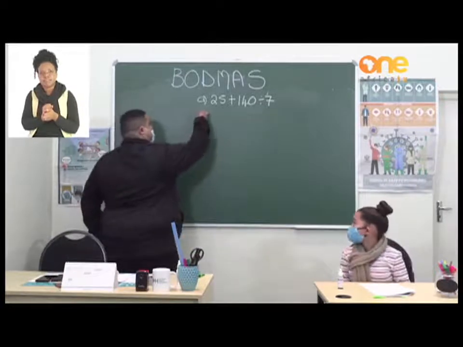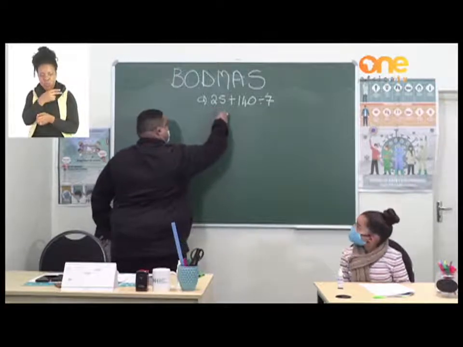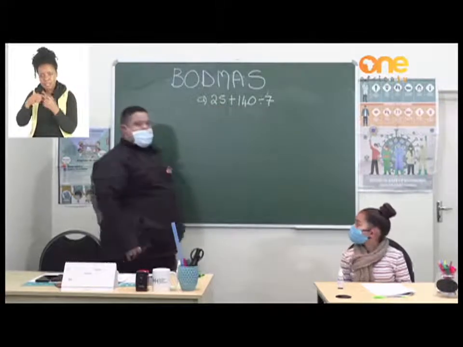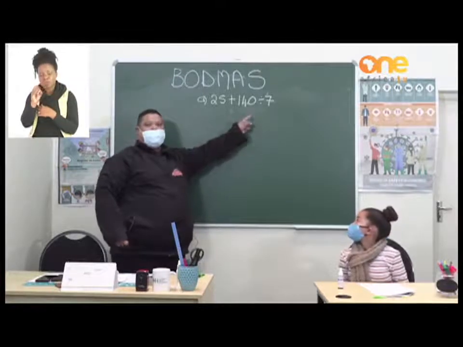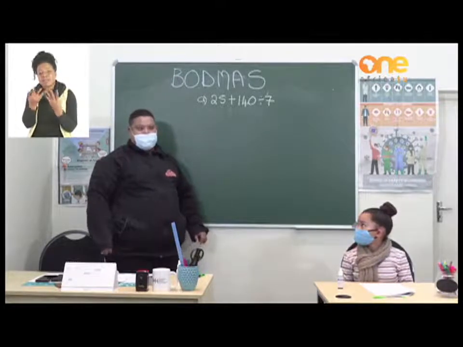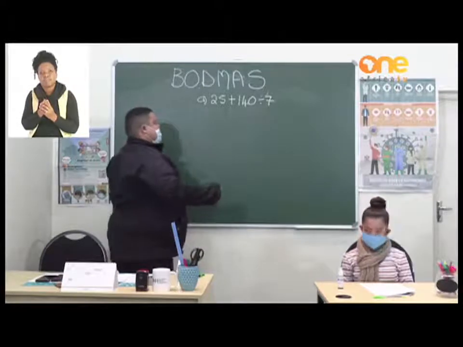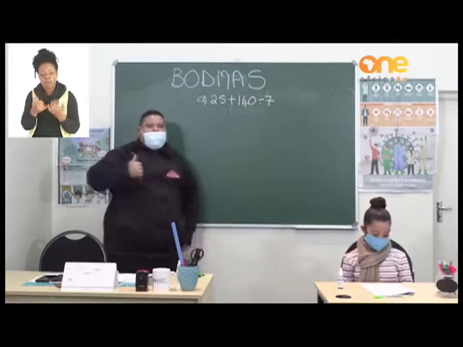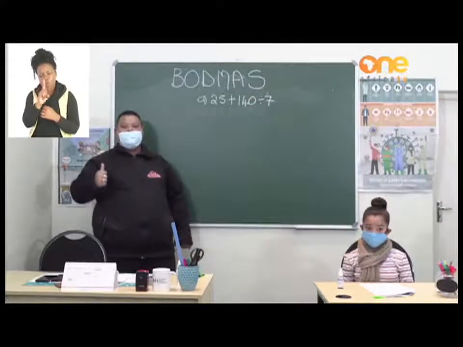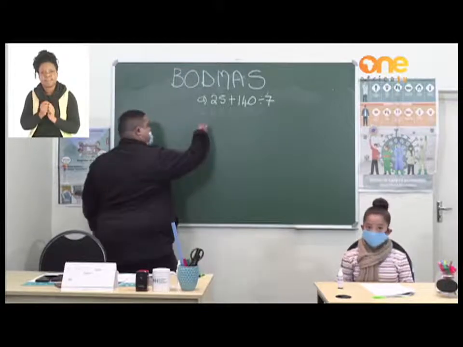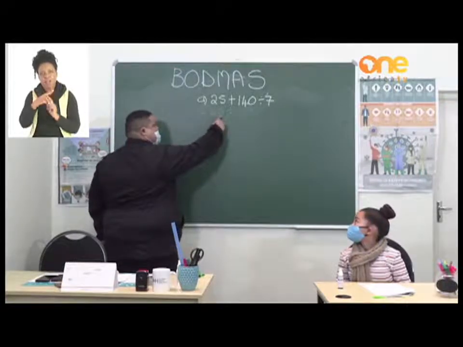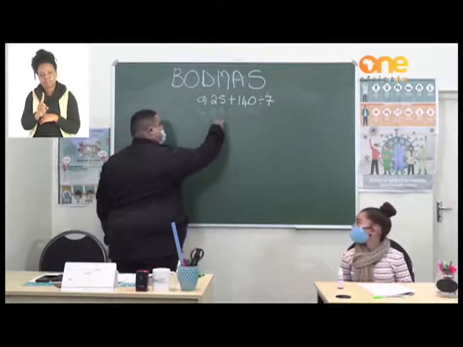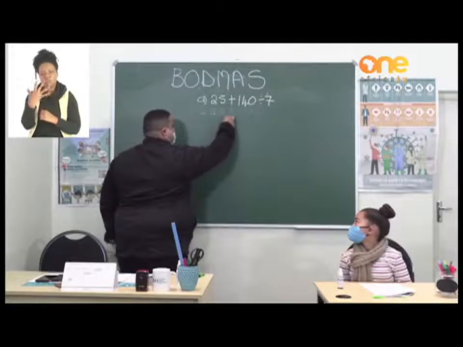So we will say equals 25 plus. Now we will do this sum first, 140 divided by 7, and 140 divided by 7 equals 20. And now I'm left with my addition sum. Equals 25 plus 20, and that is equal to 45.